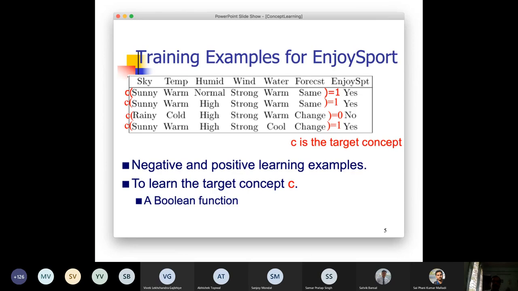Of course, it is not that they are all binary valued attributes. They could have multiple values, but just for the sake of simplicity, let us consider all of them binary valued. Like sky is sunny or not sunny, temperature is warm or not warm. We'll go through those examples later also.